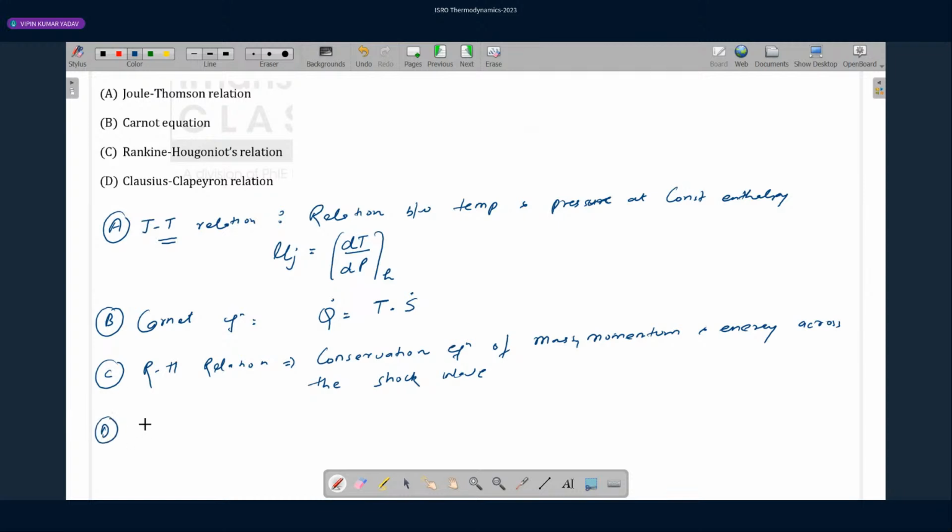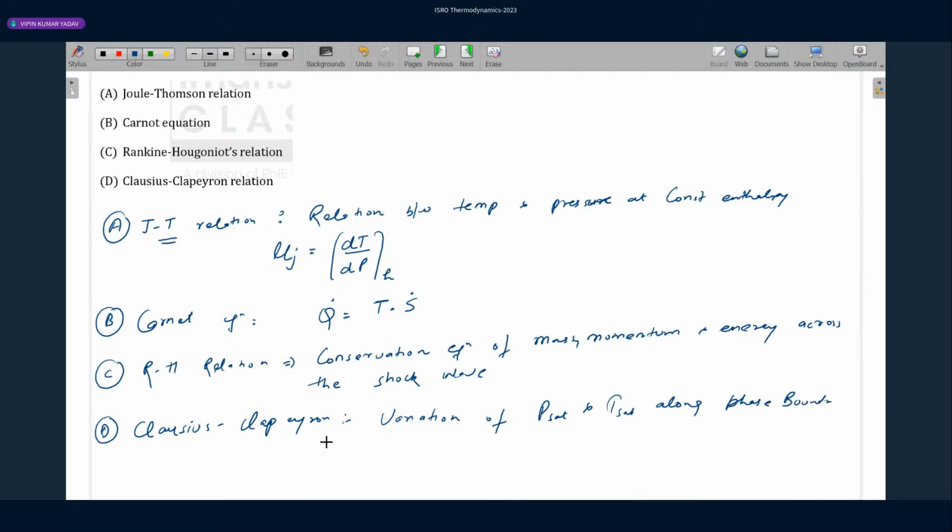Finally, D. Now I guess you already know what the right answer is. Clausius-Clapeyron gives you the variation of saturation temperature and pressure along phase boundaries.